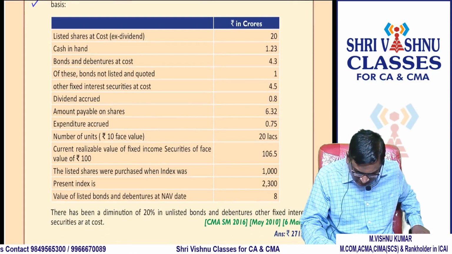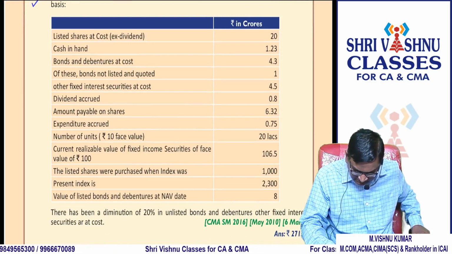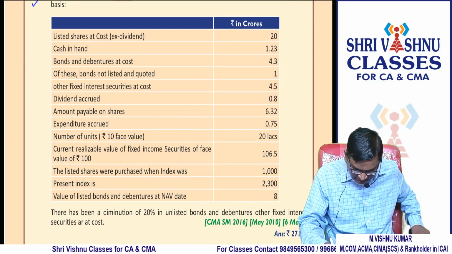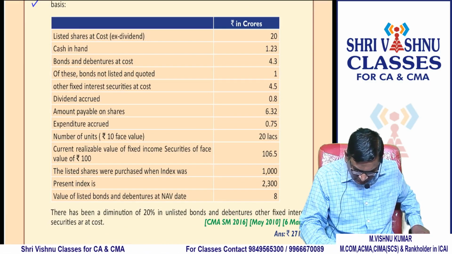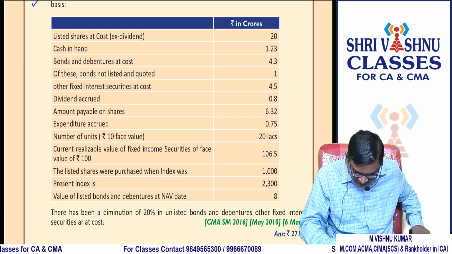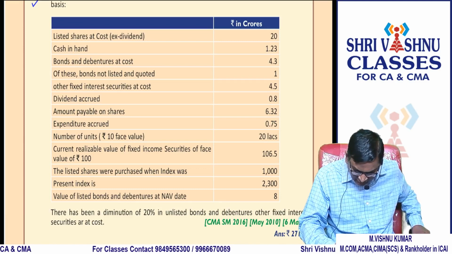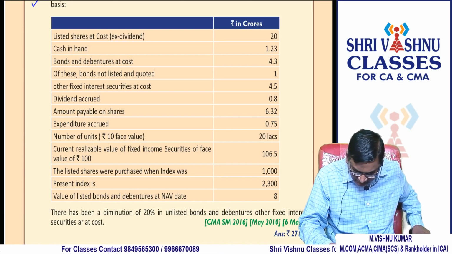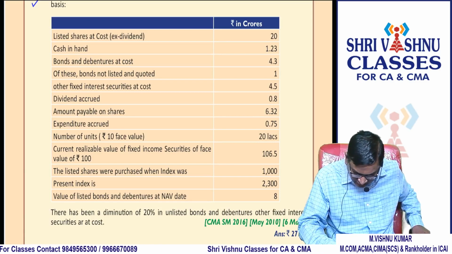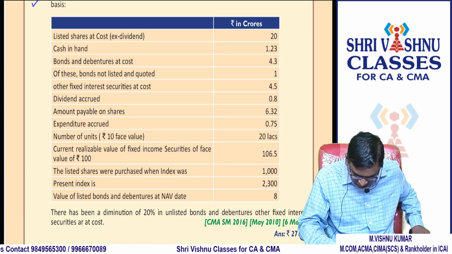Listed shares were purchased when index was 1000, present index is 2300. Value of listed bonds and debentures at NAV date; there has been a diminution of 20% in unlisted bonds and debentures. Other fixed interest securities are at cost.